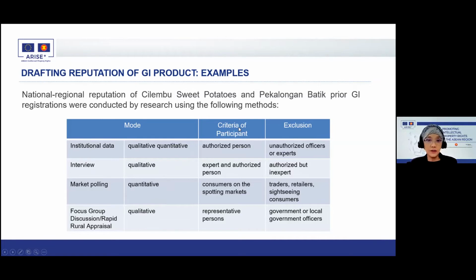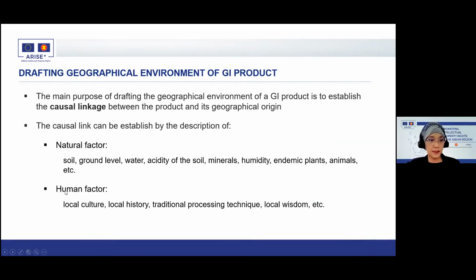So we also have to define the criteria of participants, to make it justifiable. So this is the way to prove that the GI has a special reputation. We have to make a survey actually for it.